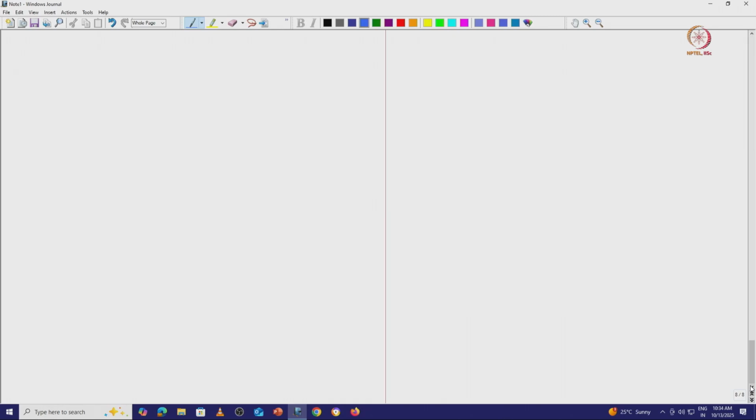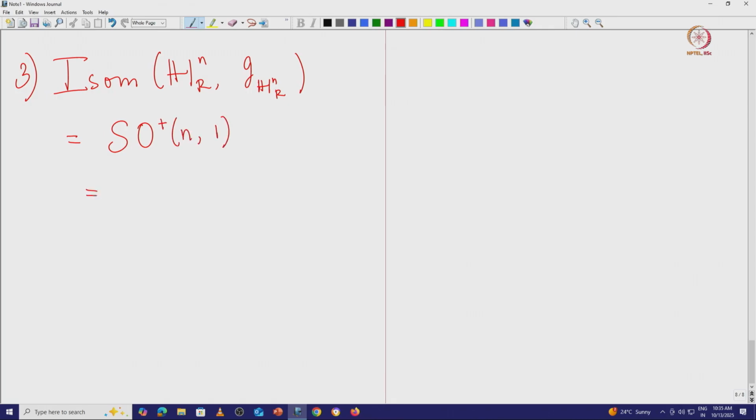Alright, and what about the hyperbolic space? So let me shift back to red. I don't know why the color changed midway. If you take the isometry group of the hyperbolic space, then it turns out that it's going to be this group called SO^+(n,1).